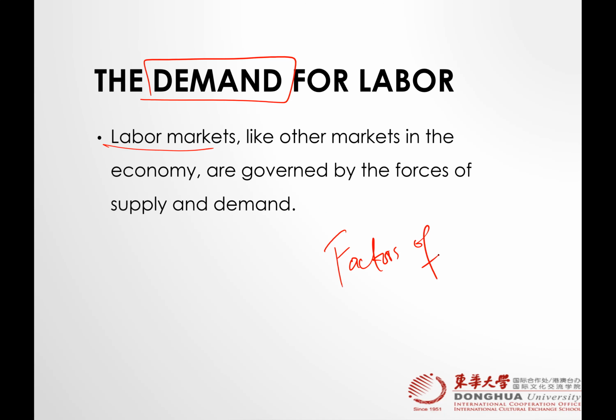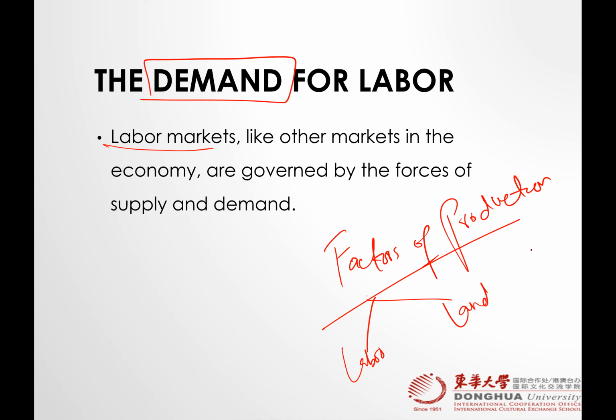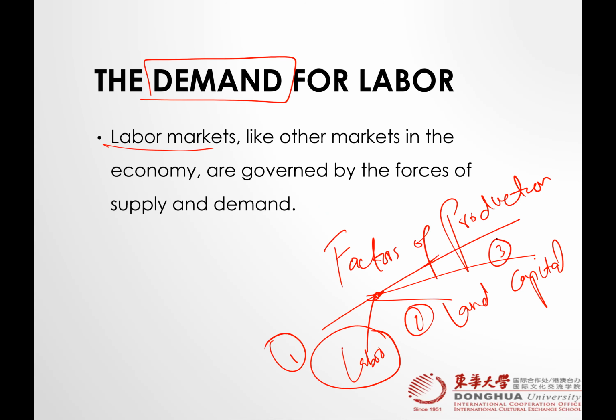I think these are on some other far away slides, so I'm just going to explain here. Labor, land, capital. So we are now discussing the demand for the first factor of production, labor, and then we'll talk about land, and then we talk about capital, right?